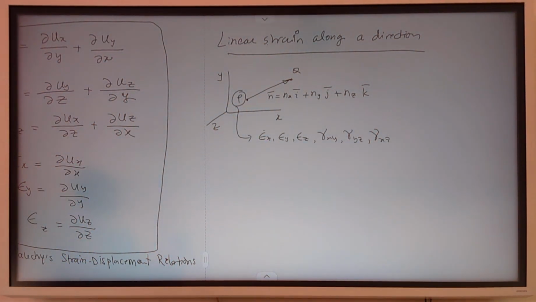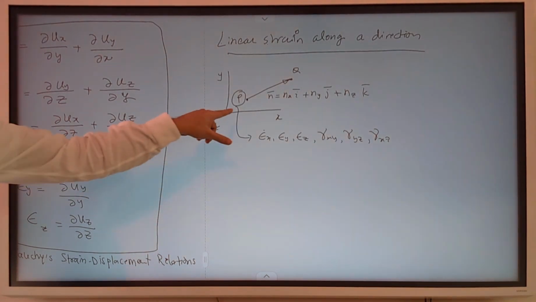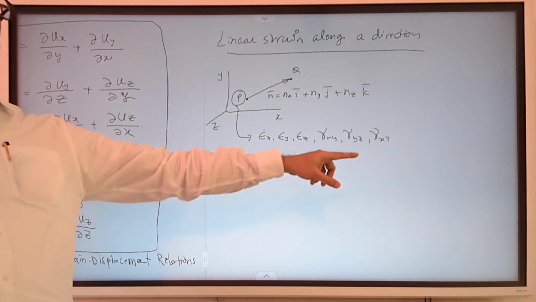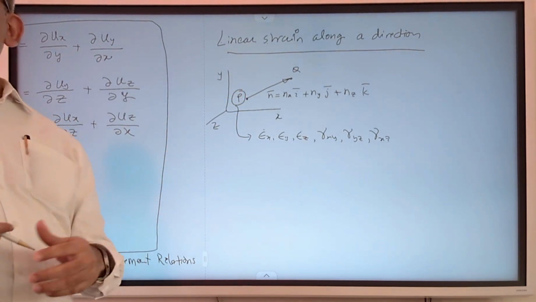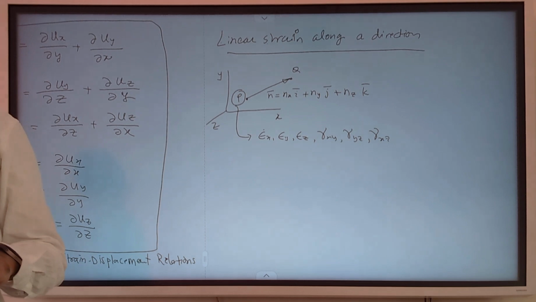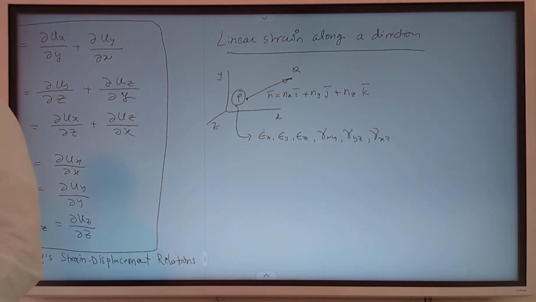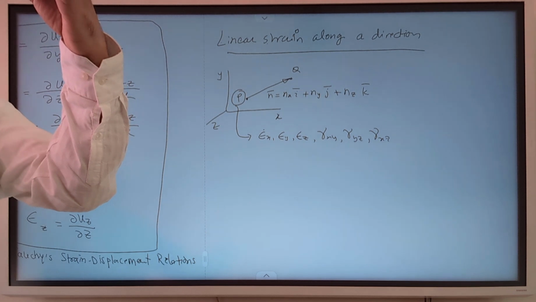So there is one relationship which will be used for further strain analysis. If you know the strain at point P in terms of the 6 components given here, and you have some point in the table, and you would like to know, along some arbitrary direction, if you consider a small length inside the table along a particular direction, how much will be the elongation of that rod.